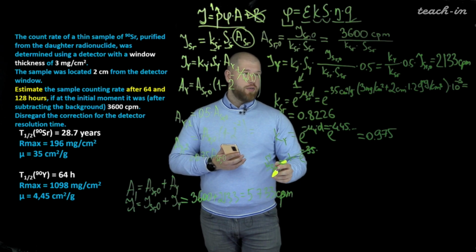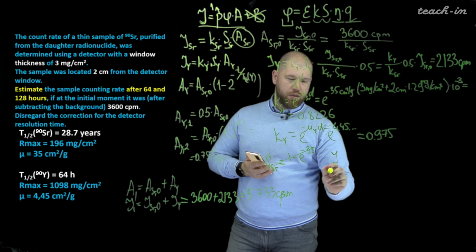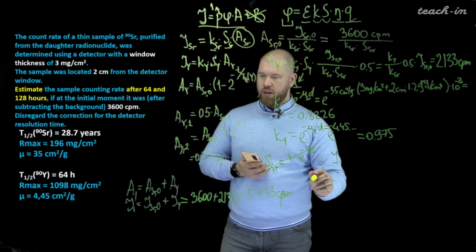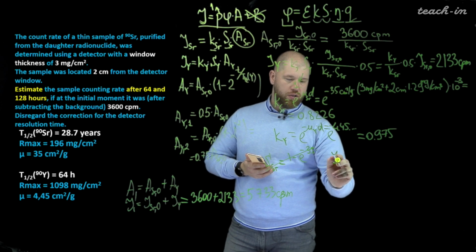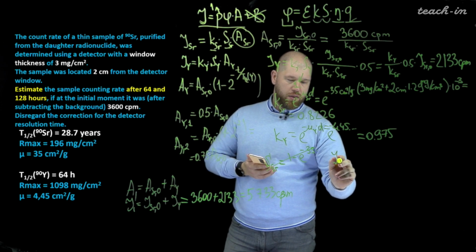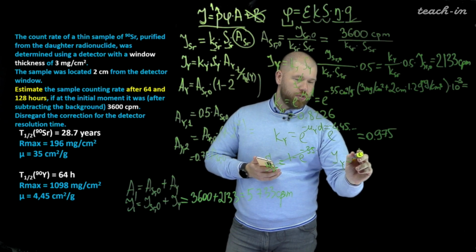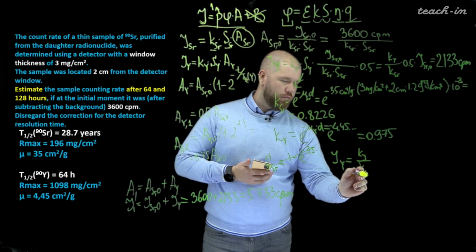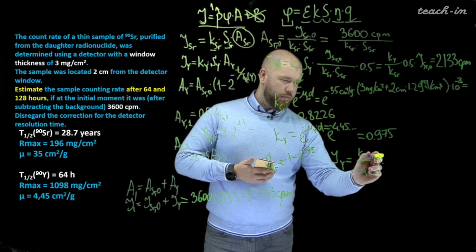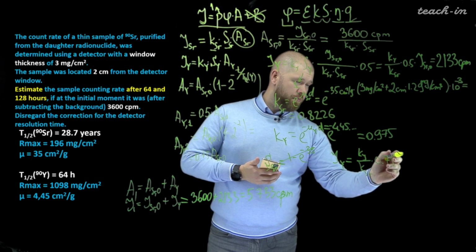And for the second case, when it is 128 hours after the purification, the count rate of yttrium will be also this ratio multiplied by 0.75.